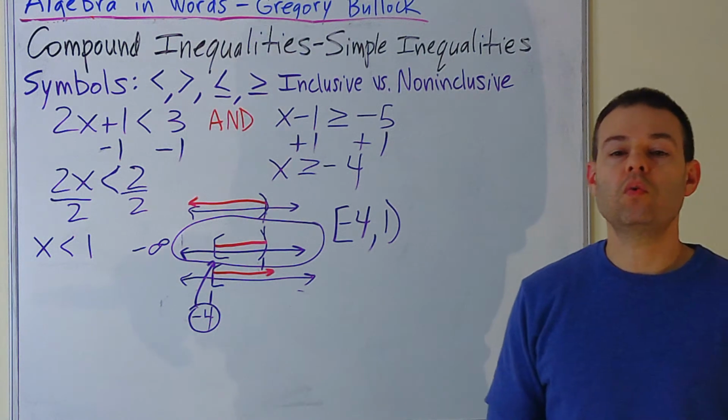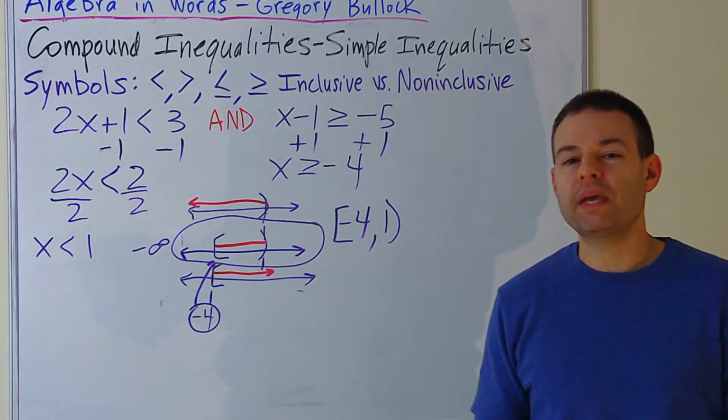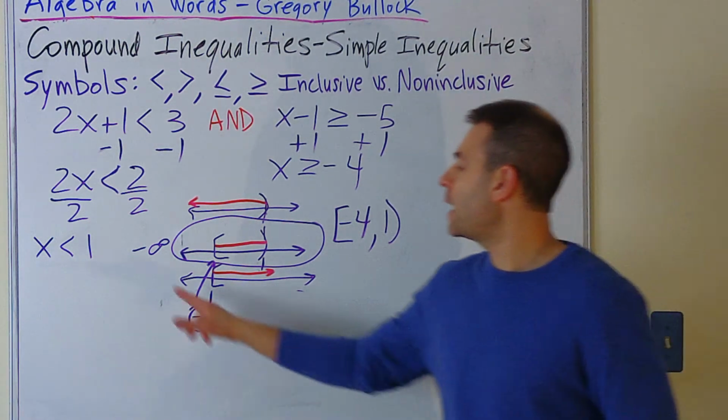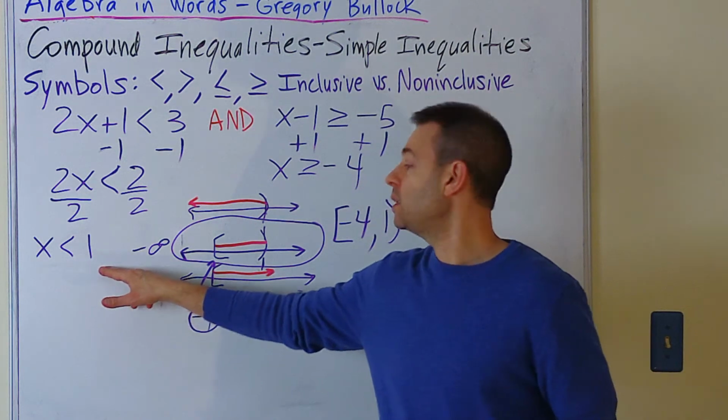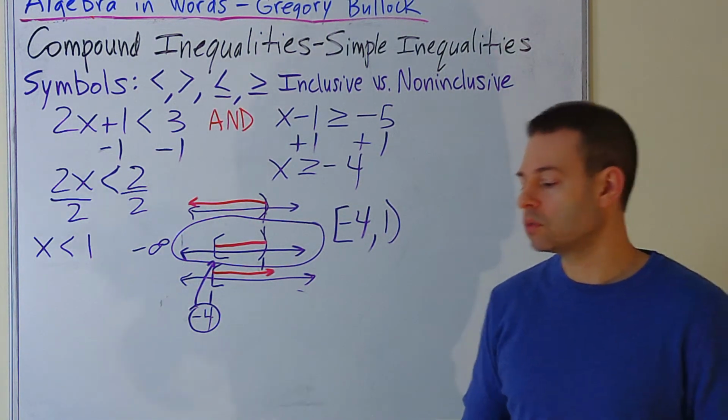Okay, and there's also another way that we can report the answer, which is to report it basically in inequality format. So it's basically a way of combining this simple inequality with this simple inequality. And I'm just going to erase a little bit so we have more room.